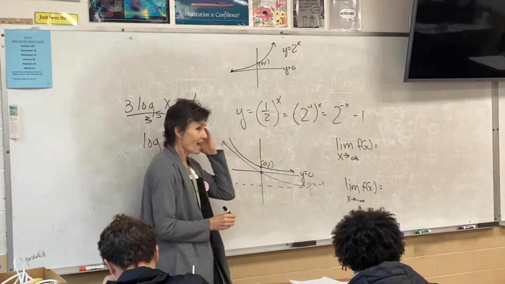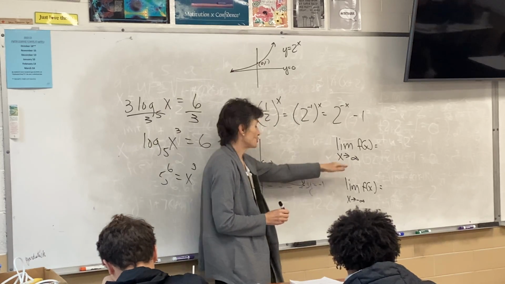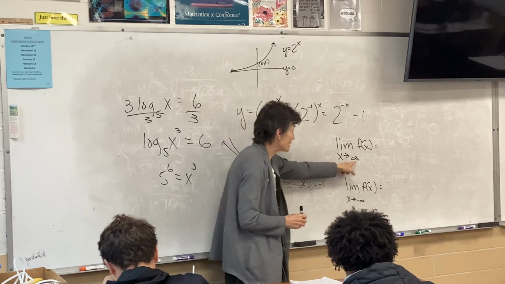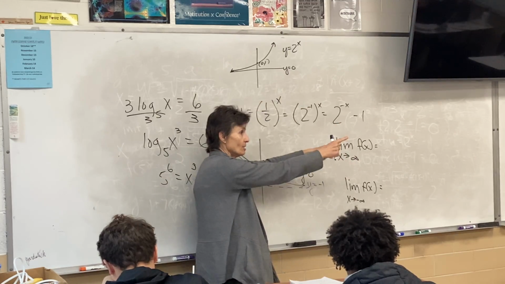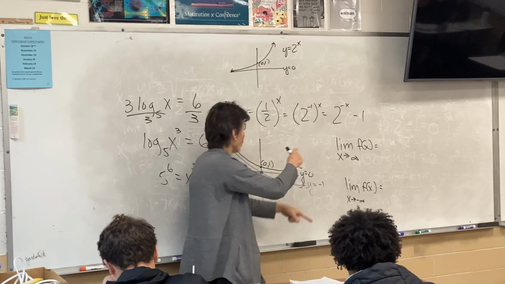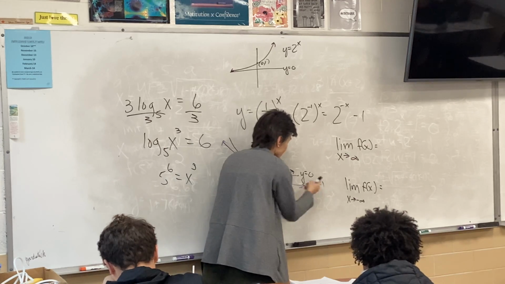So you are just asking yourself, what happens to the curve, the purple curve, as we take the x's toward infinity? Well, what happens to the purple curve as we go to the right?